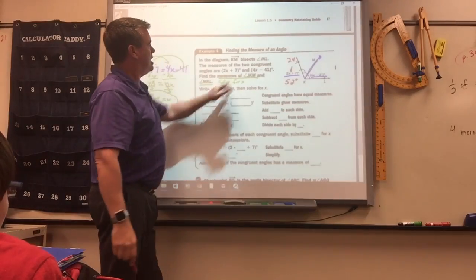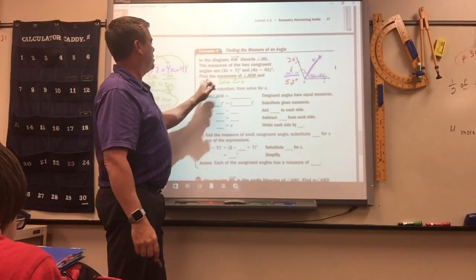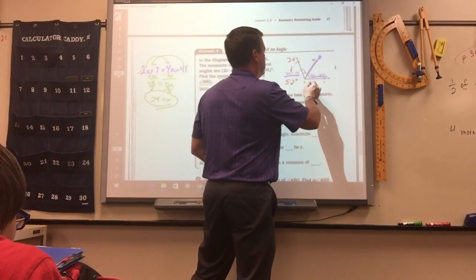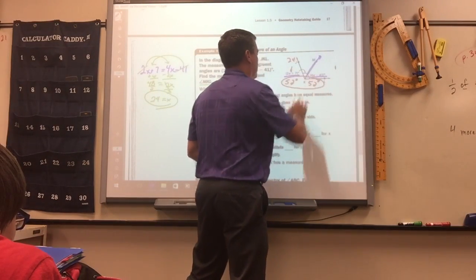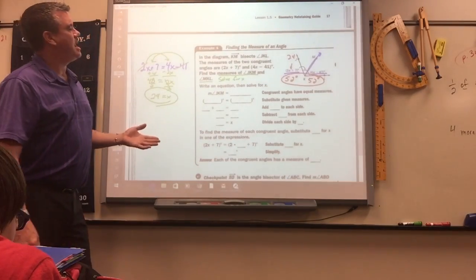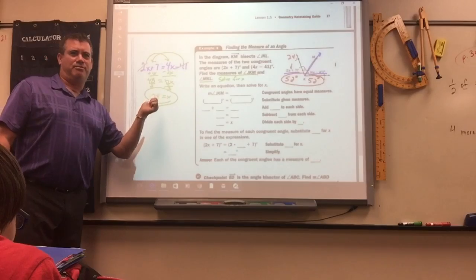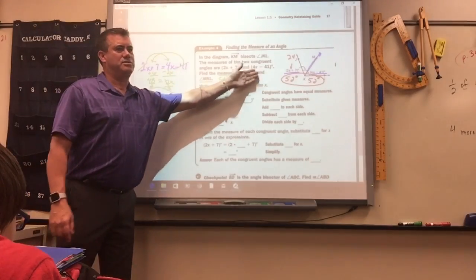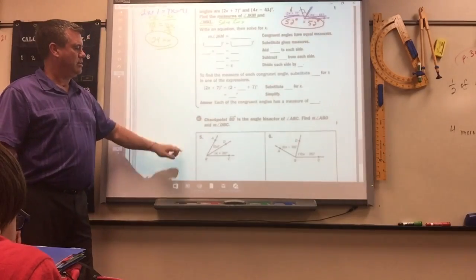That's angle JKM. And what's MKL gonna be? 52. The same thing. Most of the time, in the assignments, they just tell you to find x. Every once in a while, they throw it in like this just to see if you're reading the whole thing.